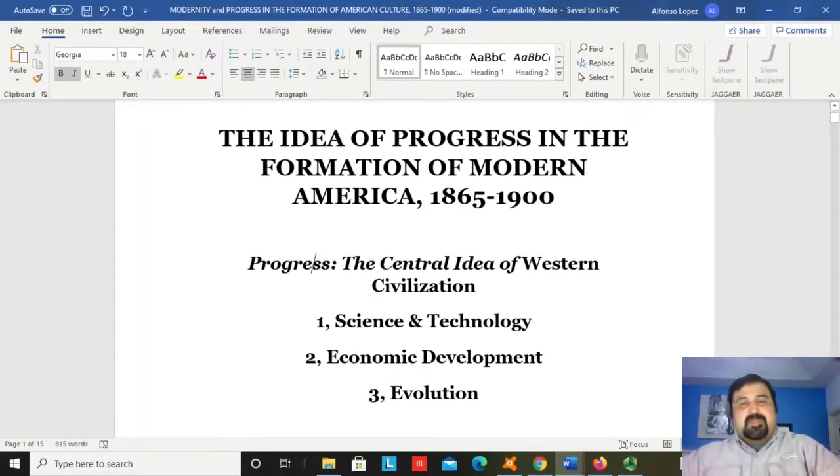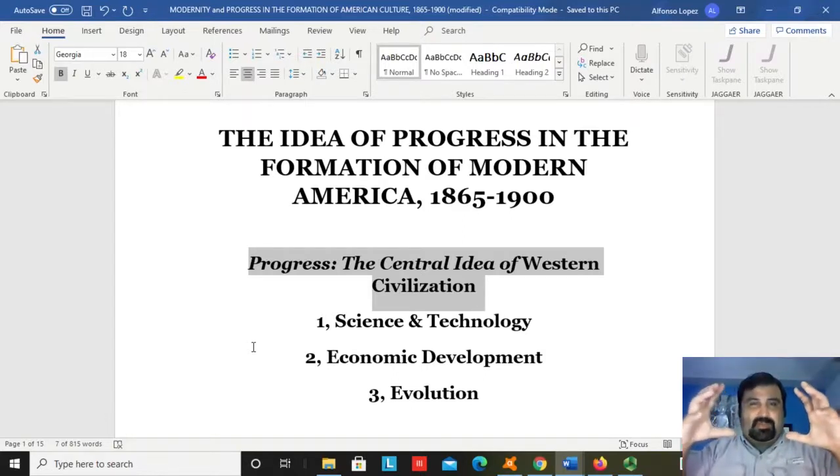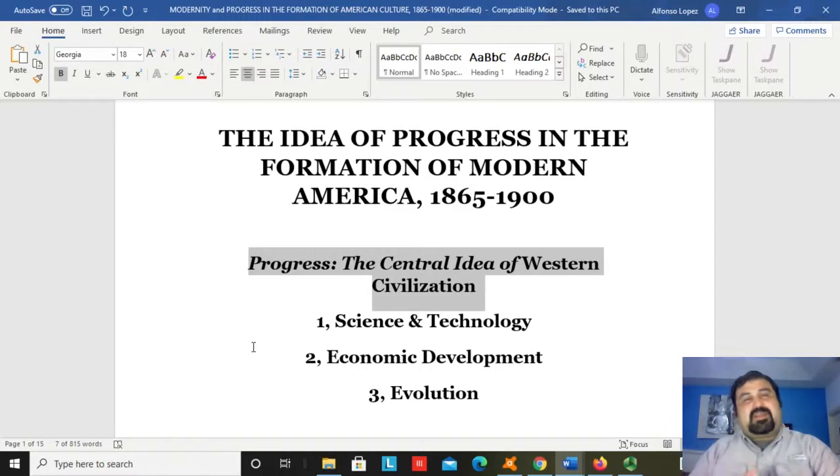And that is that the idea of progress is an idea that developed particularly in the Western world. When I say the Western world, I'm talking about the globe. The globe has an eastern hemisphere, or eastern world, and there's also a Western world as well.